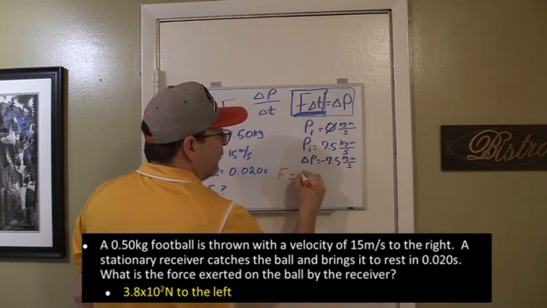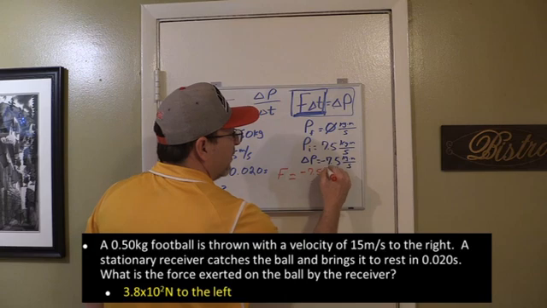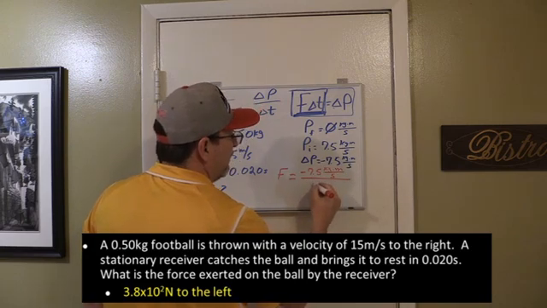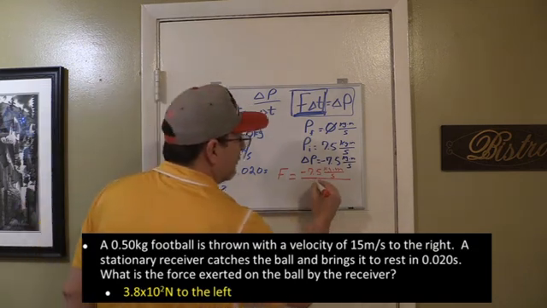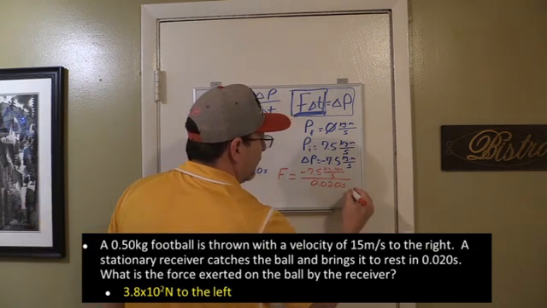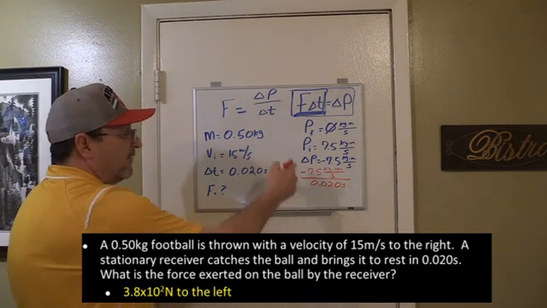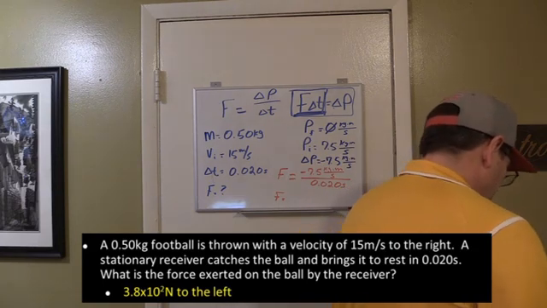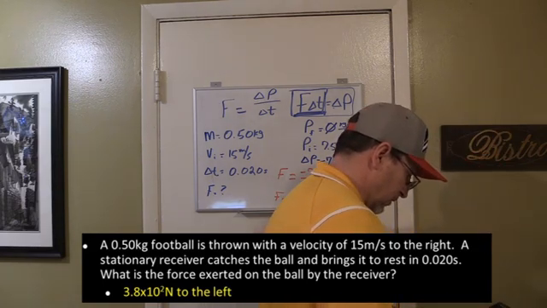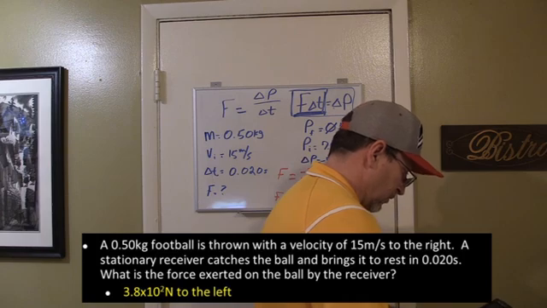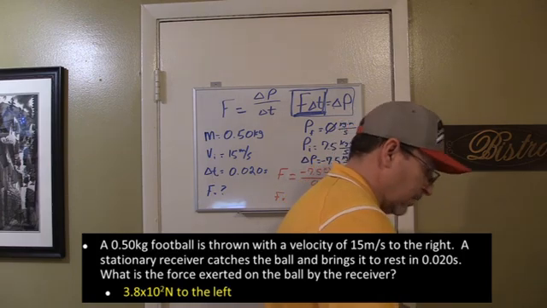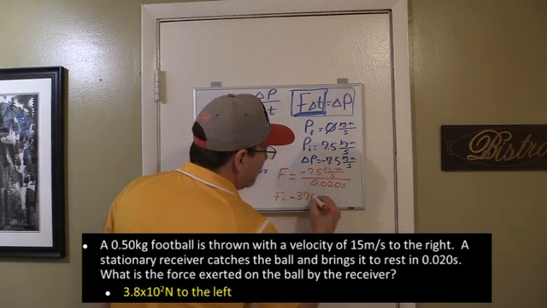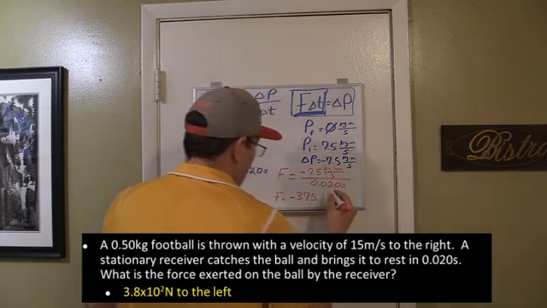So I'm going to have negative 7.5 kilogram meters per second divided by the time, which was 0.020. And when I divide this, my force is going to equal negative 375 newtons.